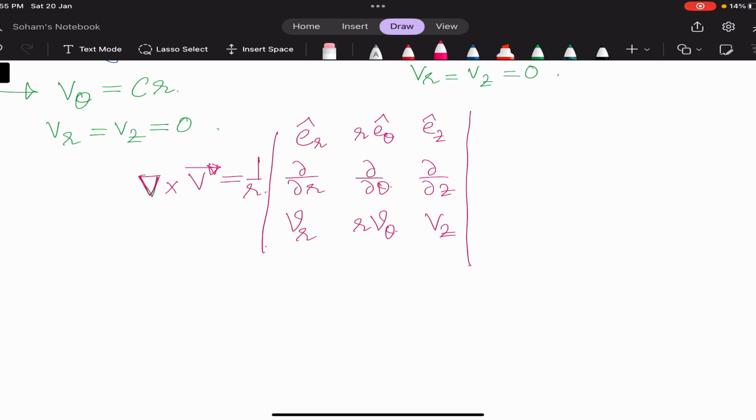I think I have mentioned already that I don't remember the expression of the nabla in r theta z coordinate, and I have seen that on the internet, and then I am writing this expression. The main physics is that you have to understand the physical significance of the curl of v. That is the main physics, and all the concept lies in that.